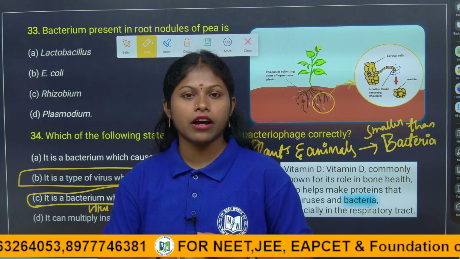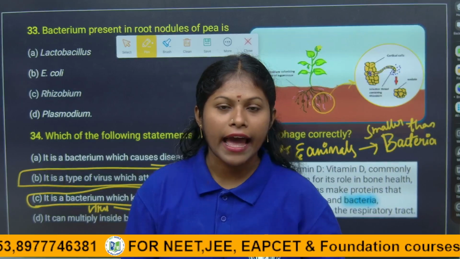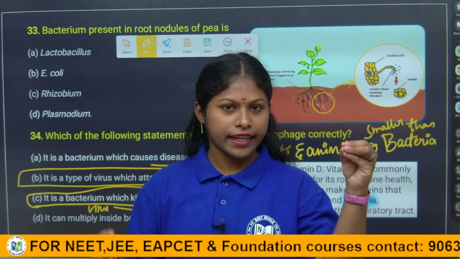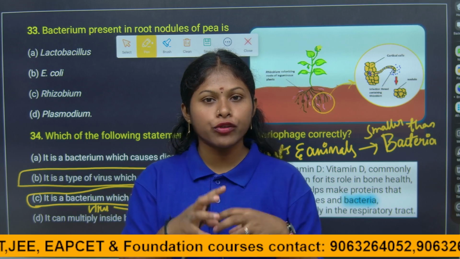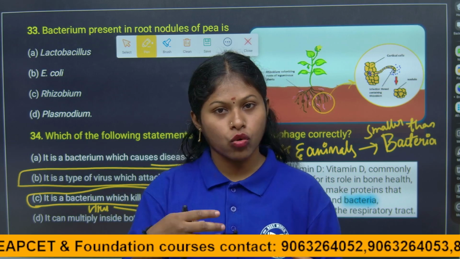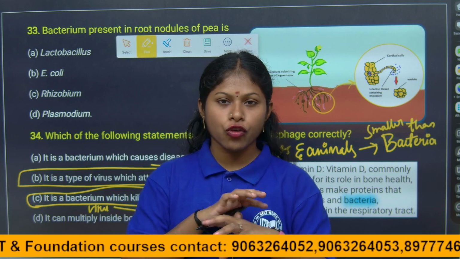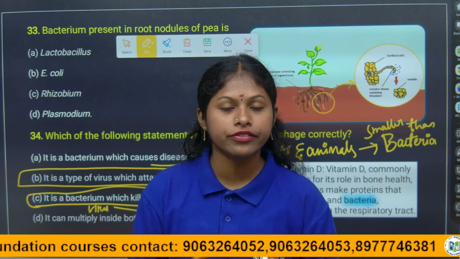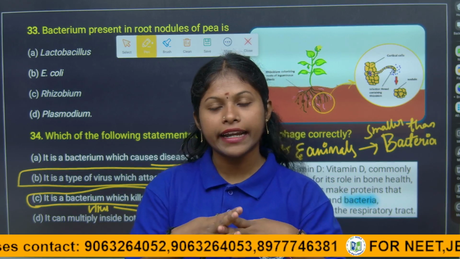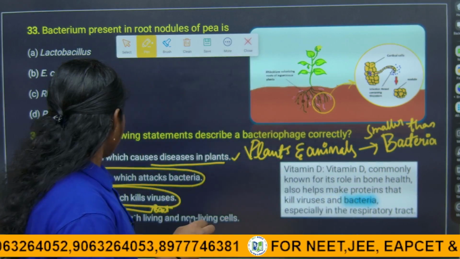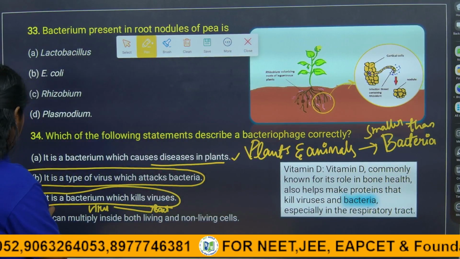Then it produces its army, and at last it bursts the cell, right? When the virus attacks the host, it takes over the machinery and produces its own kind. After producing enough of its army, it lyses the cell. This is how the virus attacks. So this is quite the opposite, a wrong statement.